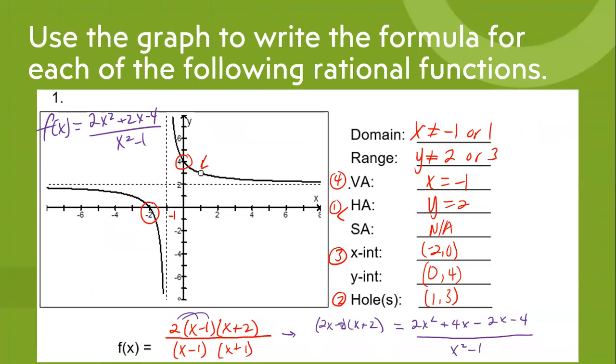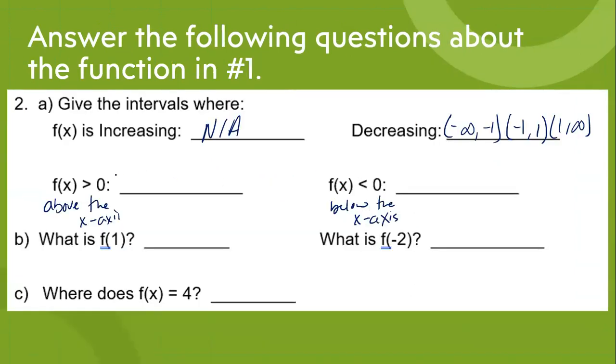All right, so let's go look at our graph. When am I above the x-axis? Well, I'm above from negative infinity up until -2, and then from -1 until forever. It stays above the x-axis. So I'm above from negative infinity to -2, and from -1 to infinity.